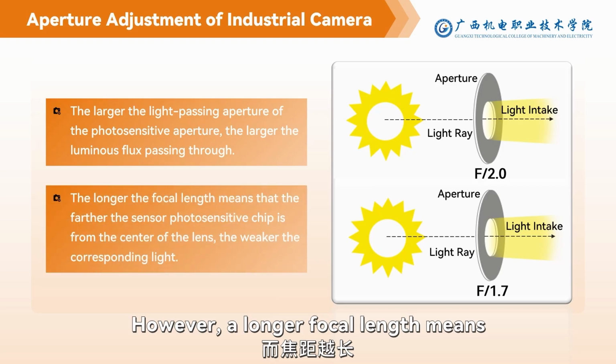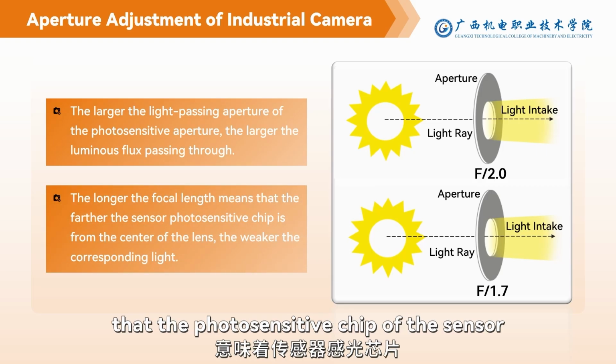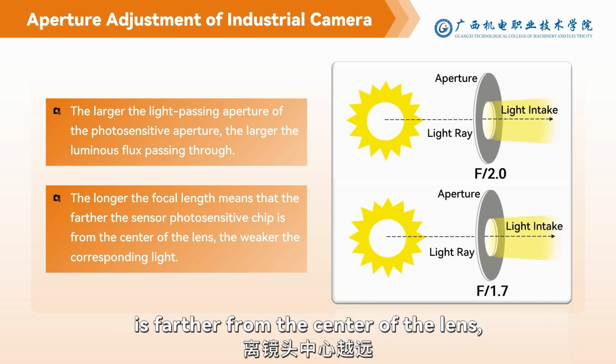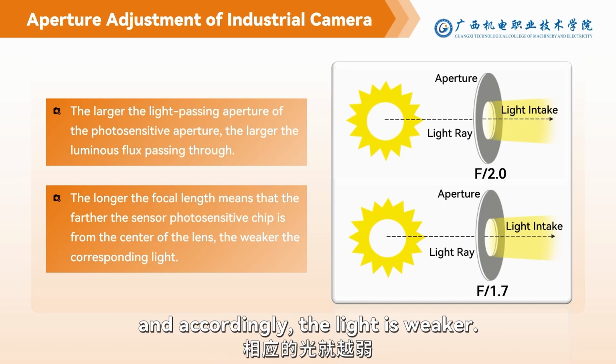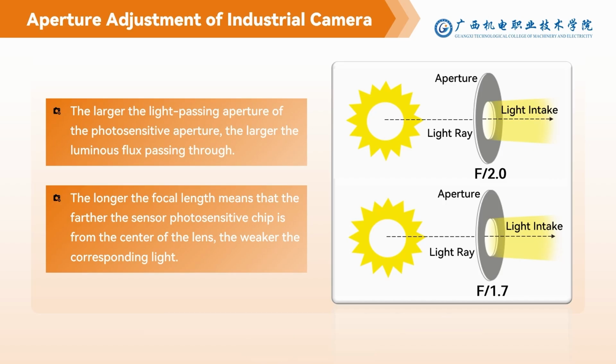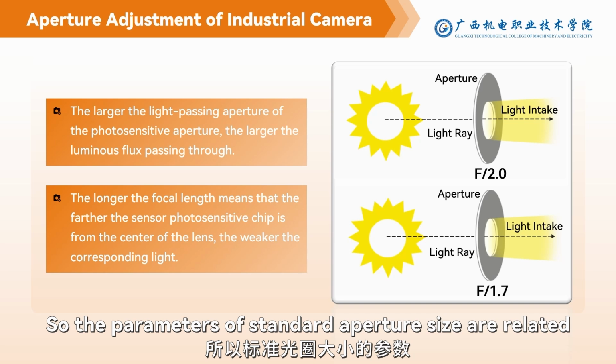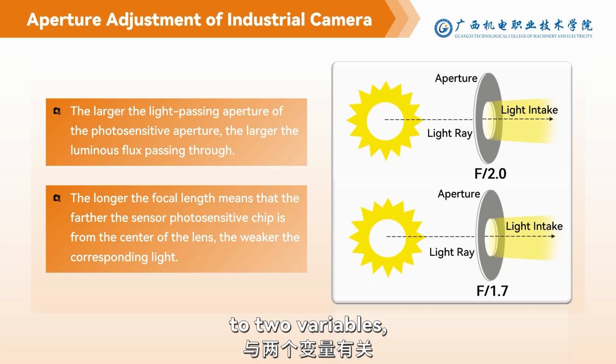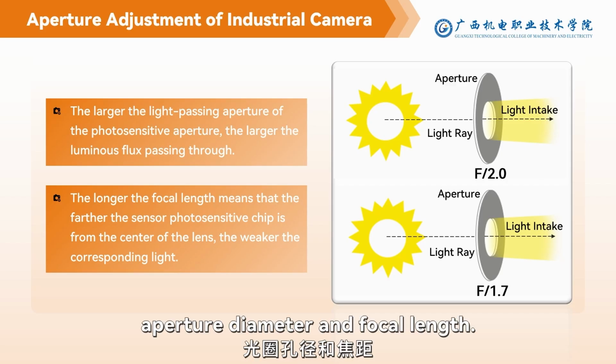However, a longer focal length means that the photosensitive chip of the sensor is far from the center of the lens, and accordingly, the light is weaker. So, the standard aperture size is related to two variables: aperture diameter and focal length.